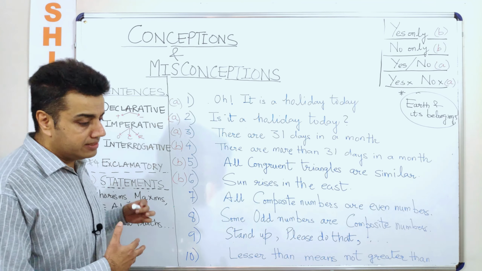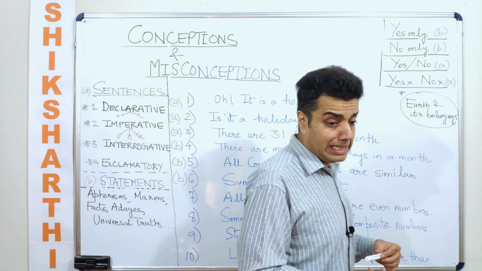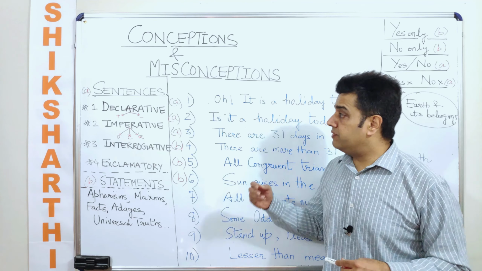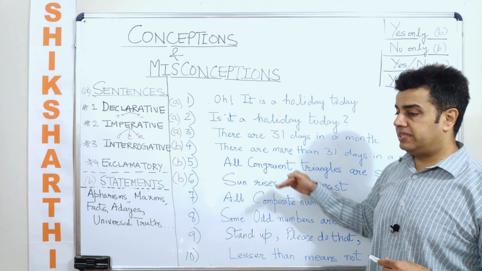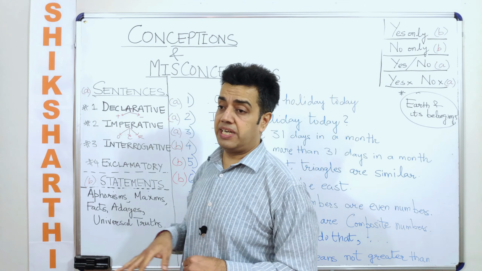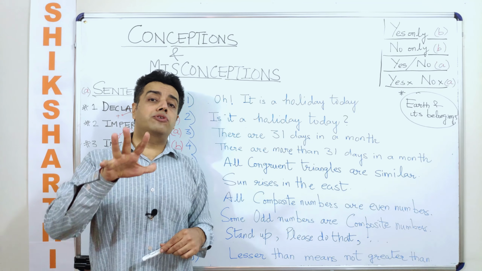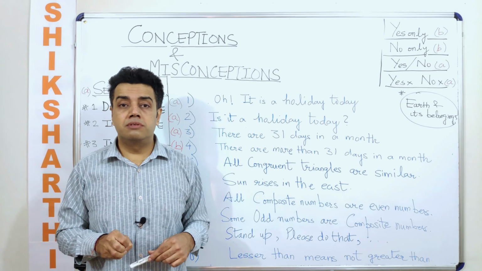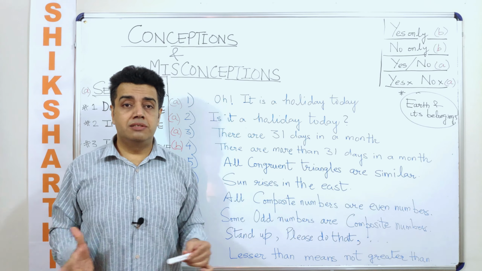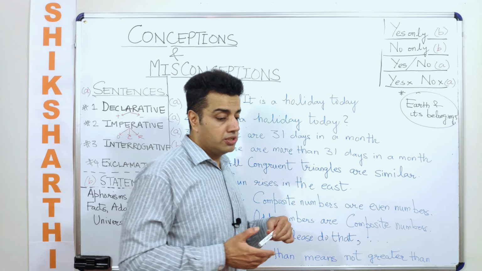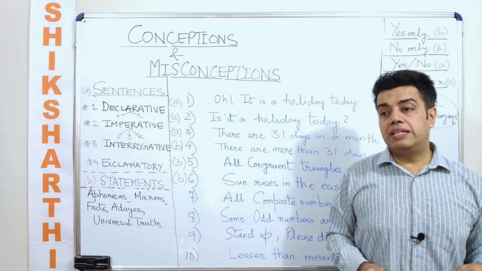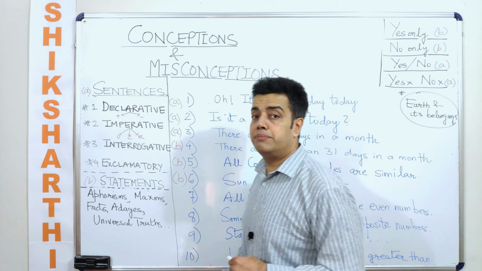If I talk about sentences and statements, though we do this in English, the examples that we are taking are those which I can borrow from science, from mathematics, from any other language, from any other subject. So the subject knowledge should be great. Then only such kind of questions should be attempted.